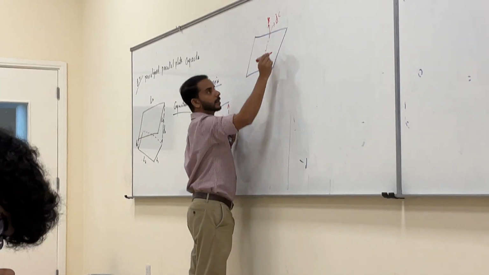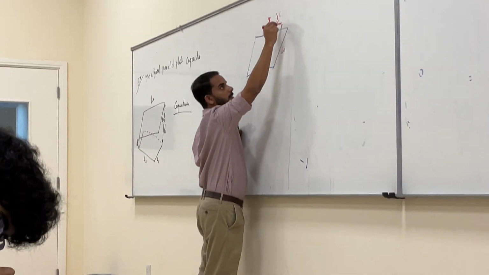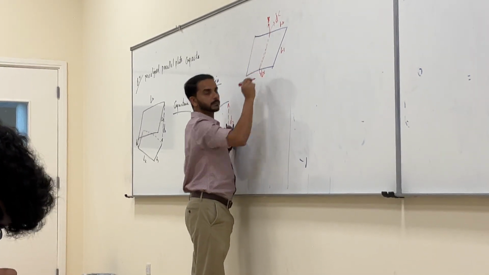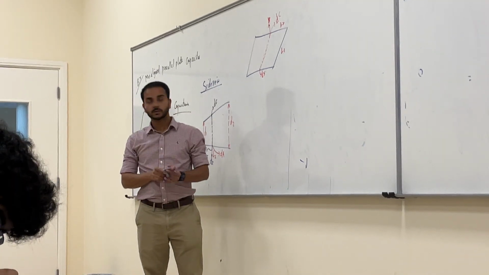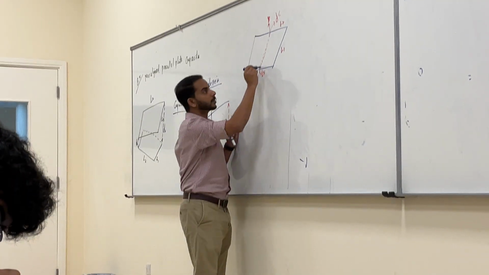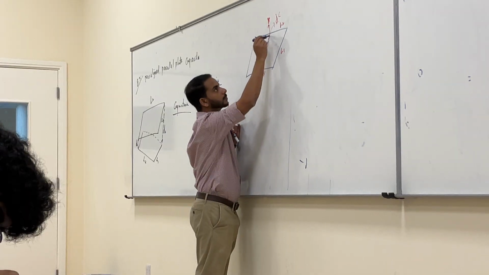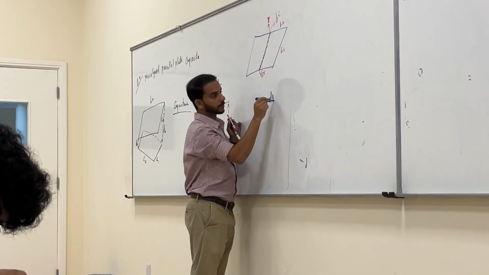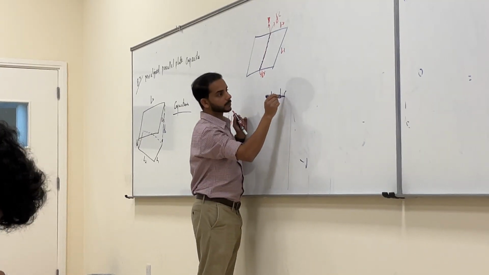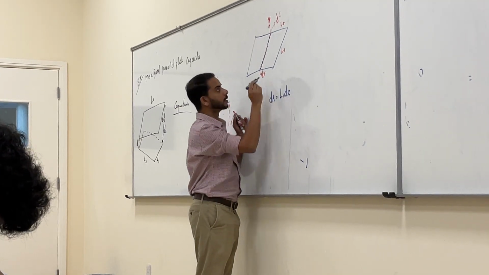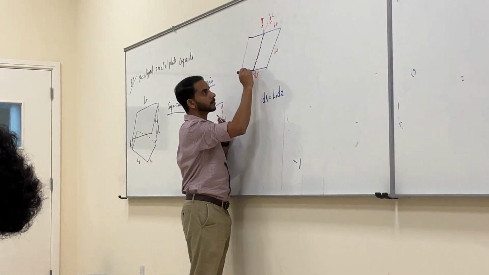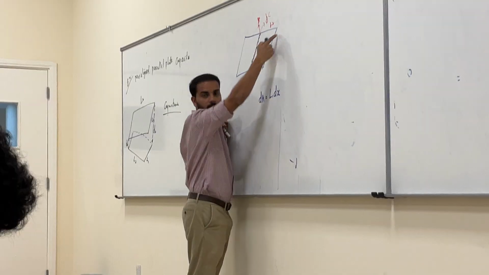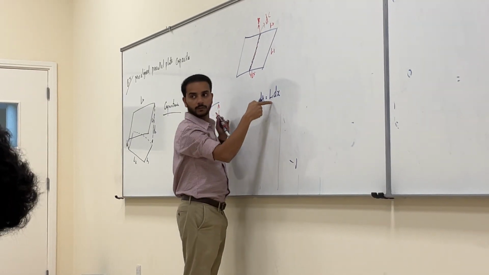I have L1 here and L2 here, and this length is dx. So what would be the area on this small section? What would be my dA? L1 into dx, right? If you take this length dx and the total length is L1, you have L1 into dx.